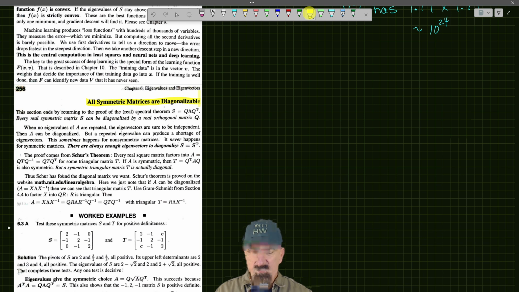So symmetric matrices are extremely powerful, and symmetric positive definite matrices even more so. And what we'd like to know is what means we can guarantee that we have the situation. And that's what we're going to be talking about in chapter 7.